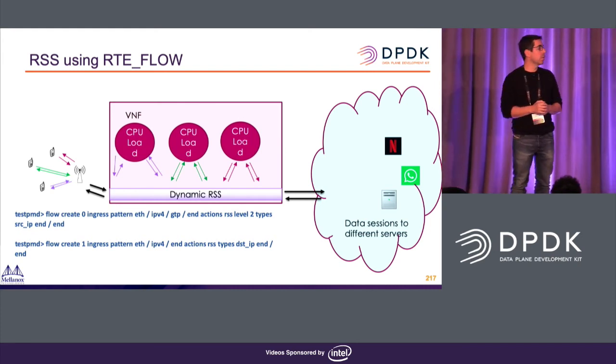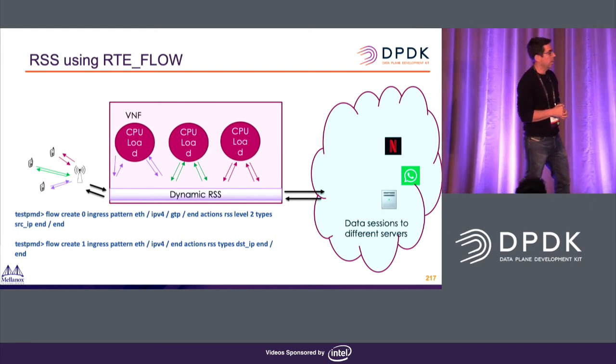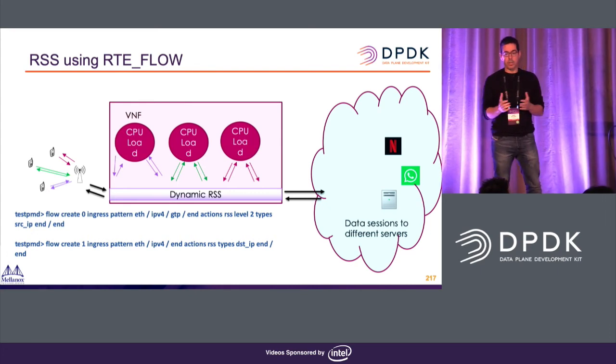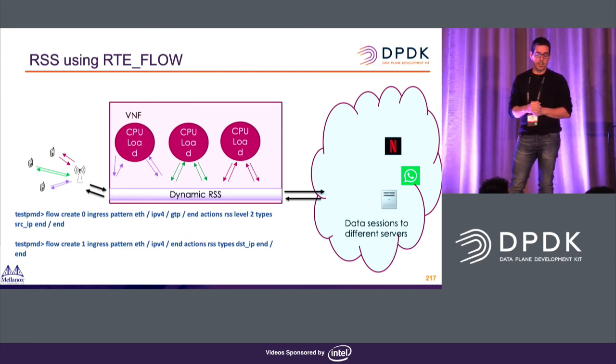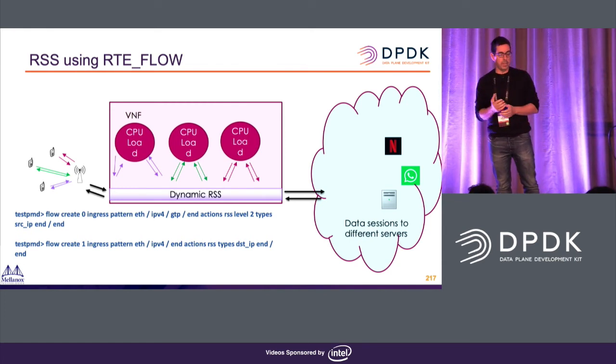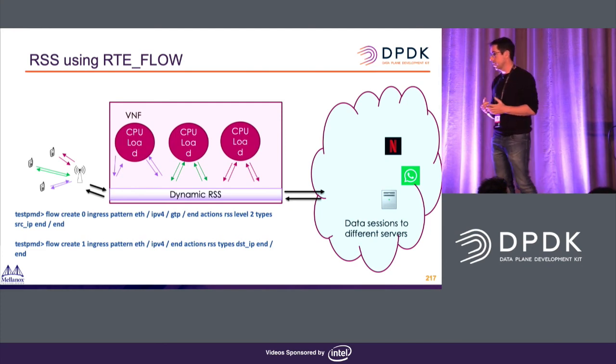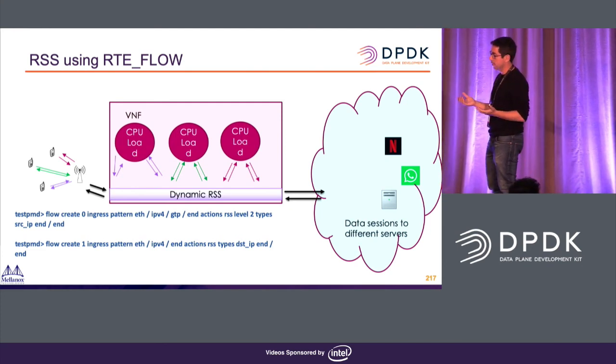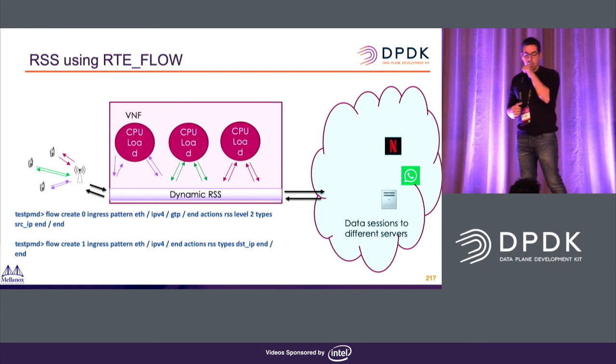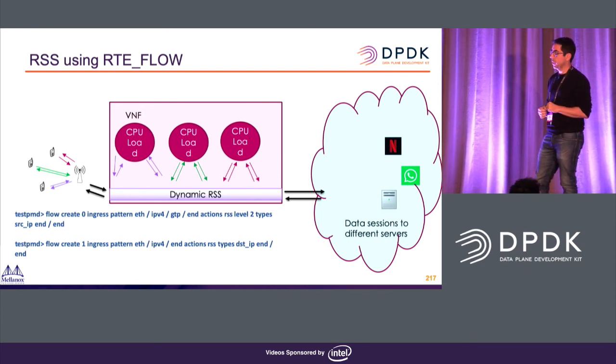We want to do the RSS on the source IP, meaning on the UE IP. For the traffic that is going in the other direction, we want flow create 0, meaning from the other port in this case. It's Ethernet, it's IPv4, there is no GTP in this case. And the RSS that we want to do will be the default RSS, so 0 is the outer in this case, and the type is destination IP.